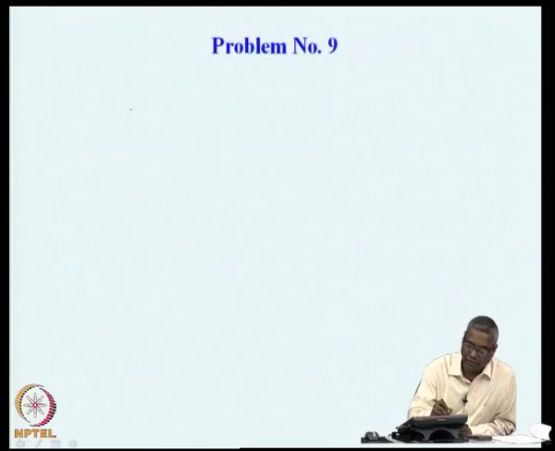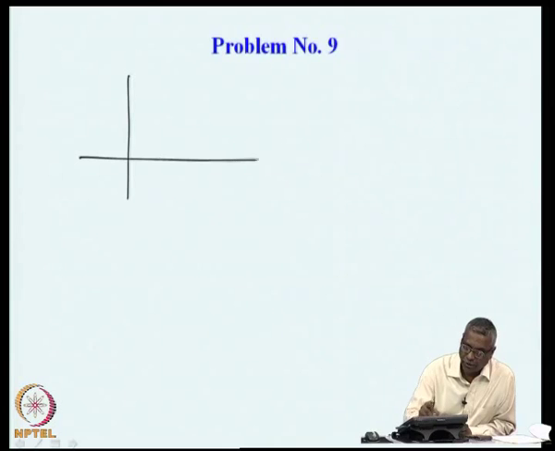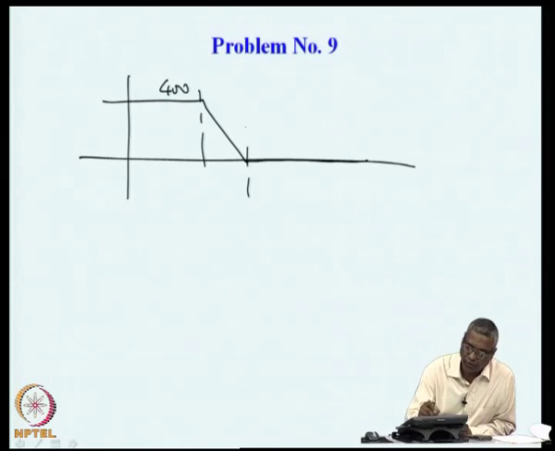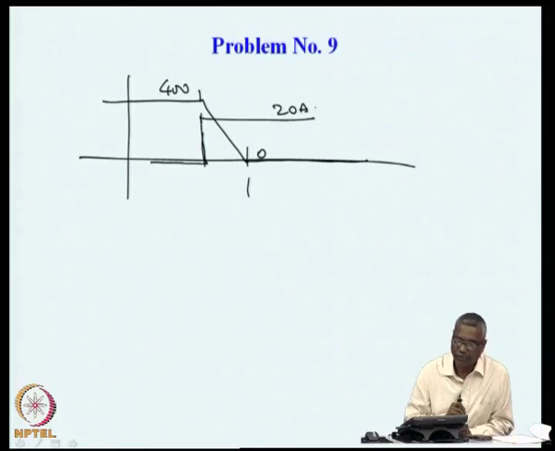So, we can see that now the voltage drops linearly during turn on from 400 to 0, but the current rises instantly from 0 to 20 amperes.